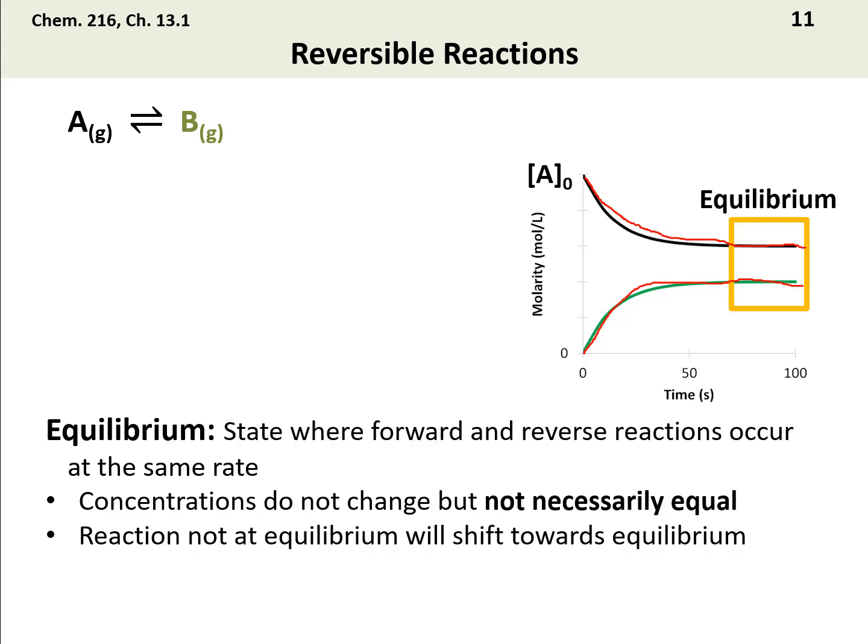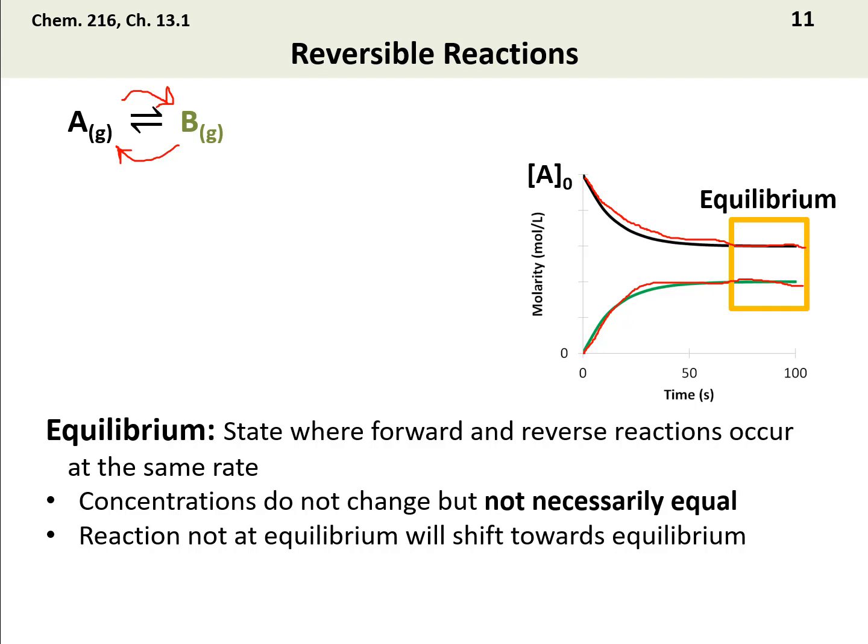Okay? It's the time when the forward and reverse reactions occur at the same rate. So A is turning to B at the same rate as B going to A. Okay? The concentrations don't change, but they're not necessarily equal. Notice at this equilibrium, I have more A than I have B. That's totally possible.